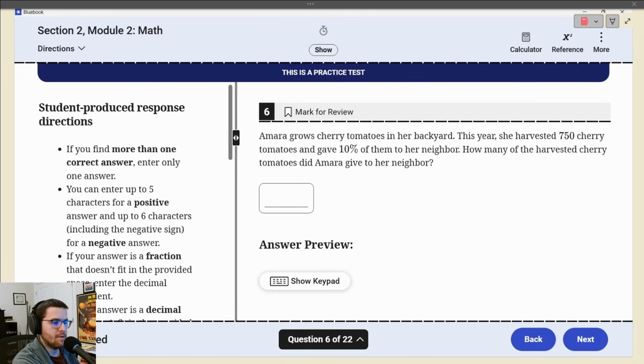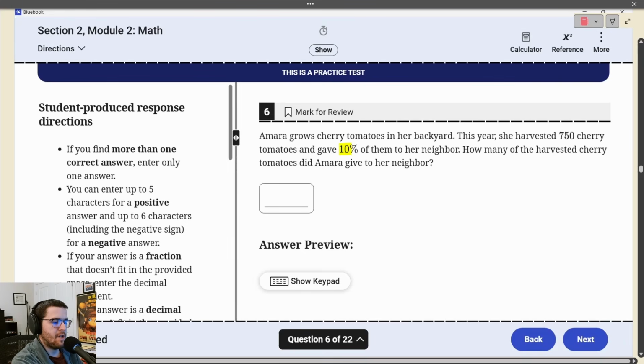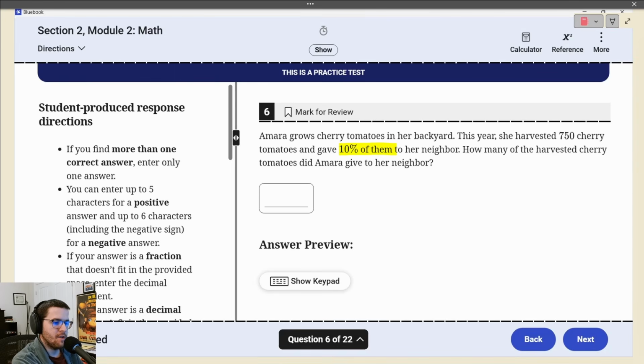Okay, question 6. So it says she gave 10% of them, talking about the cherry tomatoes. Well, she has 750 cherry tomatoes, so the question is essentially asking us 10% of 750. I go over this in great detail in my Ottocento number 1 on percents, and I have a short called percent of. That might help you if you go watch that.